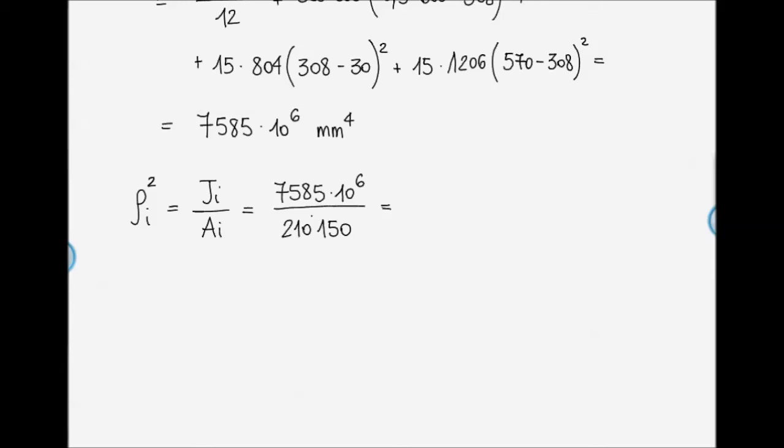That is equal to 36,095 square millimeters.